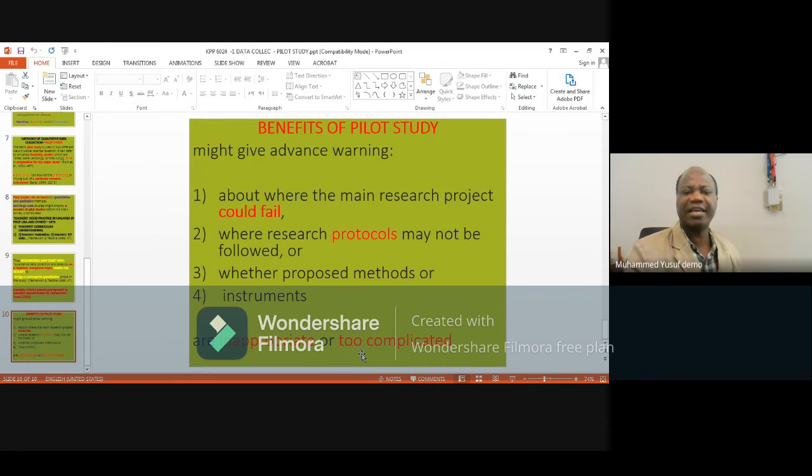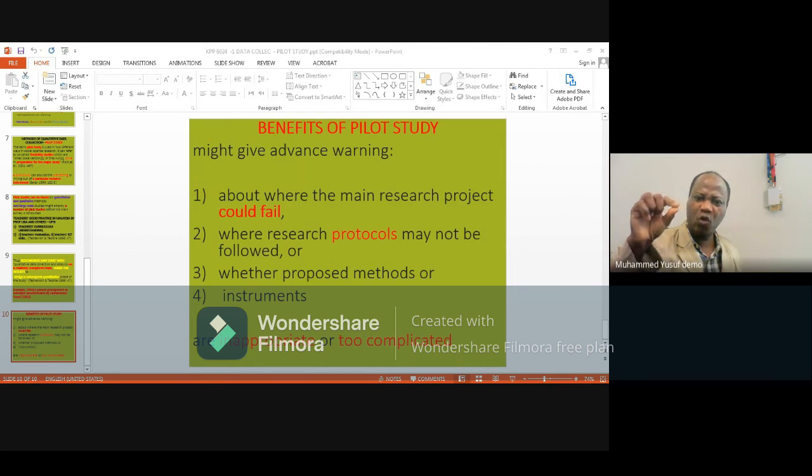So pilot study, in conclusion, is very, very good. It's going to show you the fitness, the suitability of your instrument, your interview protocol, to the actual study, to the actual environment.